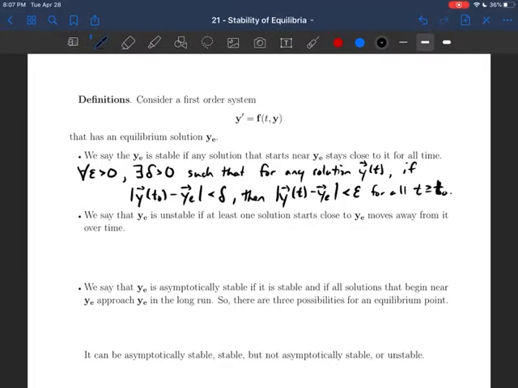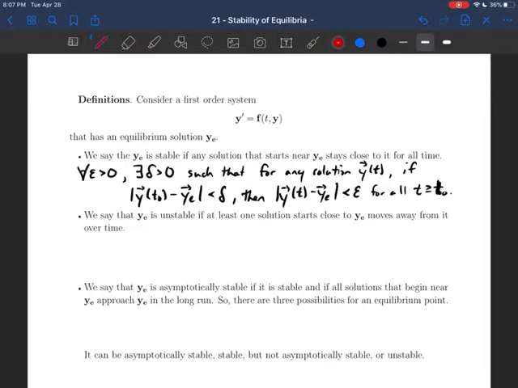They'll be within epsilon units, and that's for all times that are greater than or equal to t0. All right, so formal definition, this should be familiar. This kind of thing should be familiar from the ideas of continuity or differentiability. It's the same kind of definition.